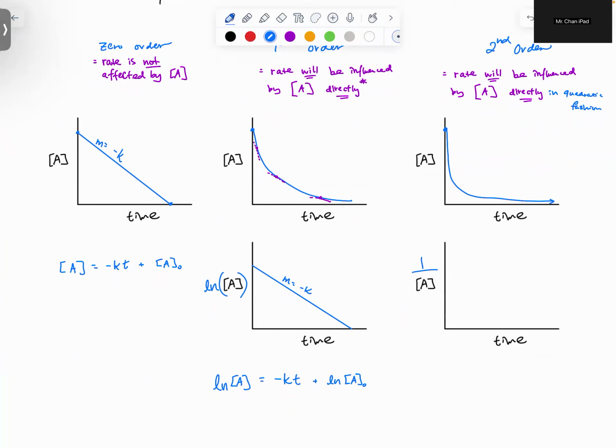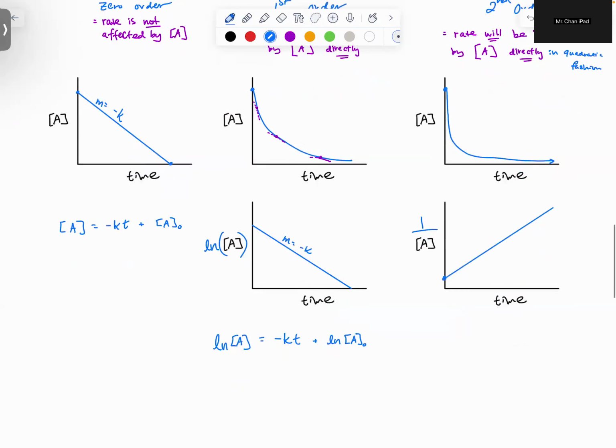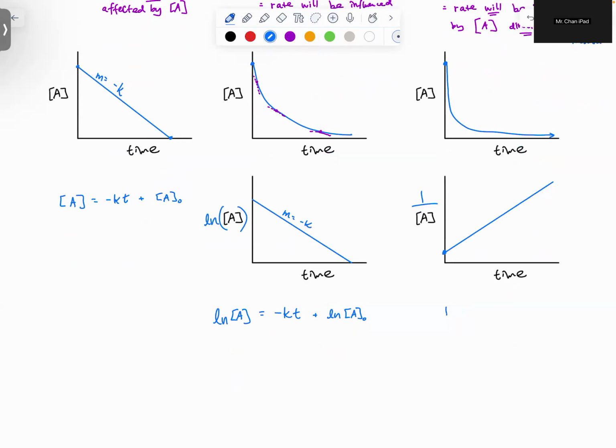But since it's being reciprocated, the graph would have a positive slope, right? When you divide 1 by a small number, you have a bigger number. So what is the equation right here? y is equal to mx plus b.